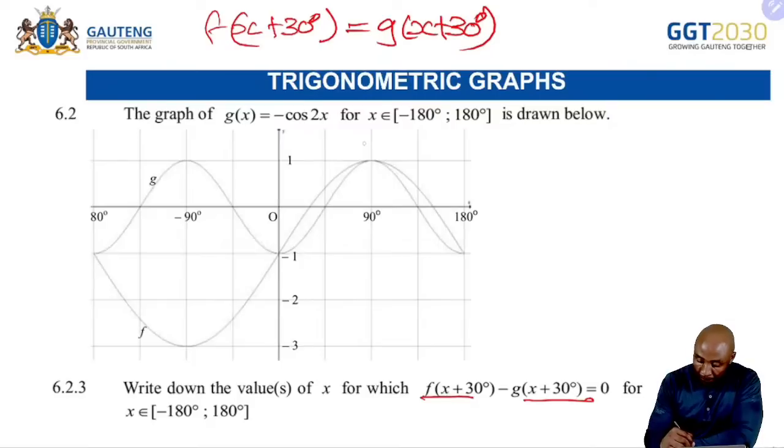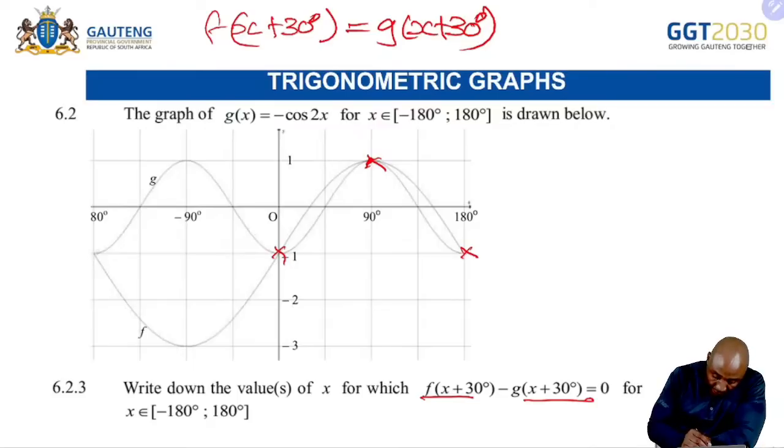If you check, f and g are intersecting at 90 degrees, that point. They are also intersecting at 180 degrees. They are also intersecting here at 0, as well as here at negative 180 degrees.